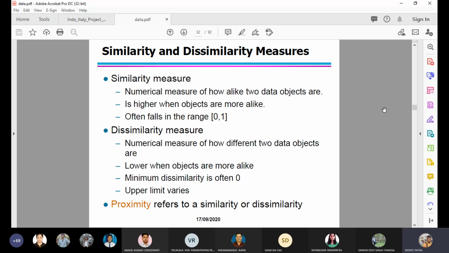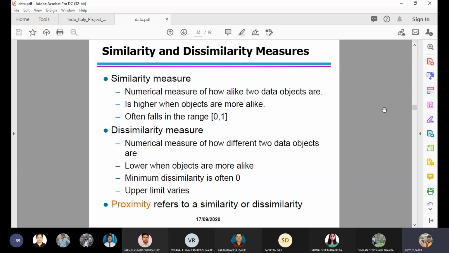So naturally we need to find how two objects are similar, or the other way around, how they are dissimilar. As I said earlier, objects need a set of attributes which describe them, and only using those attributes can we decide whether two objects are similar or not.